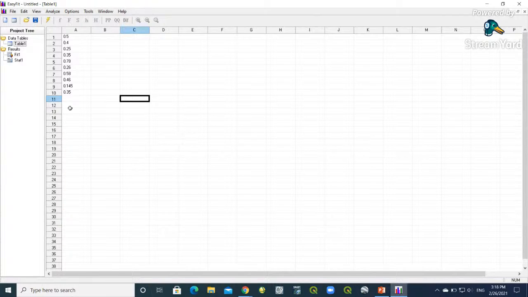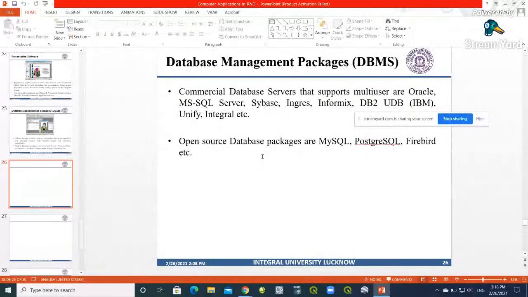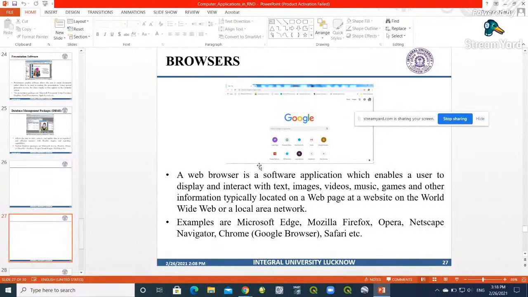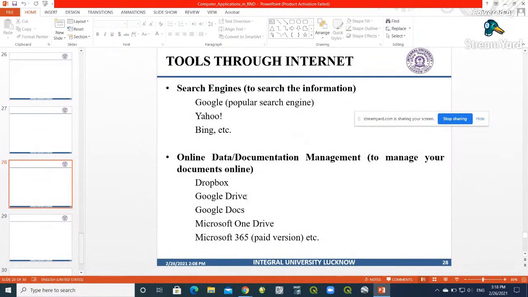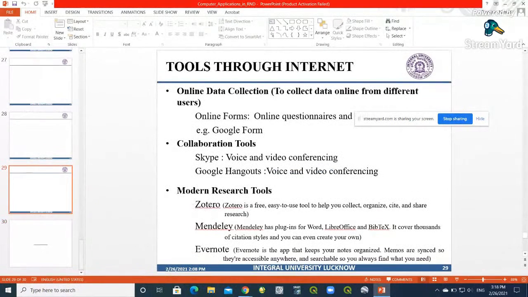So that's it for today. The remaining content I will discuss tomorrow, in which I will discuss these tools: SPSS tools, spreadsheet, word processing, presentation software, database management. And then I will give the demonstration of two tools, Zotero and Mendeley.